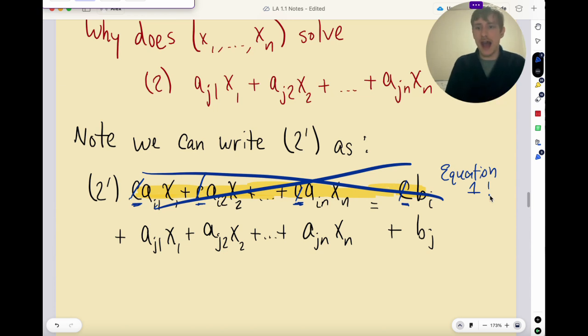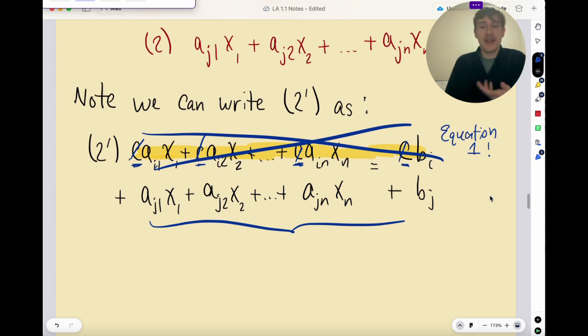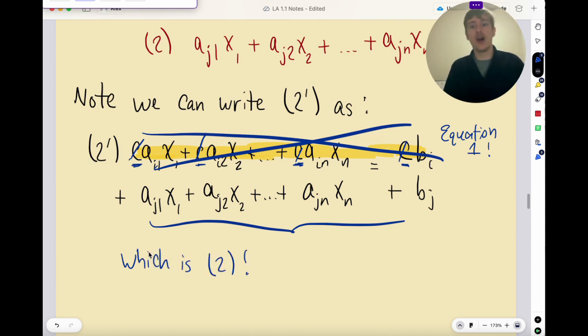And now what we have is this quantity, but that's just equation 2. So we get that x1 through xn plugged into equation 2 has to satisfy that.